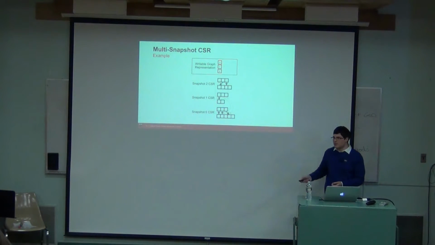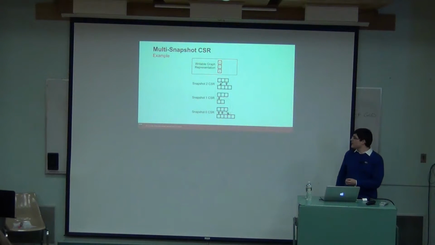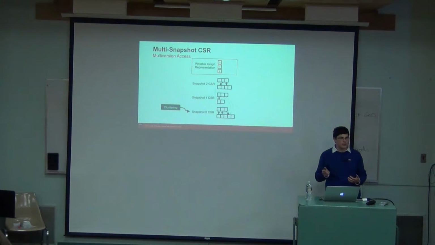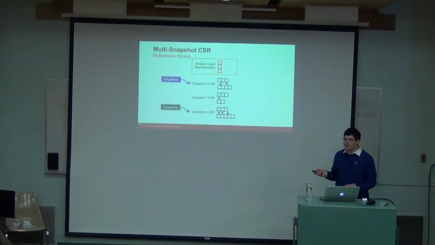Now, because we have a multi-snapshot approach, we get multi-version access for free. For example, you can start a long-running clustering operation or whatever you want on an old version of the data while more updates are coming in, while you can compute, for example, Google PageRank on one of the newer versions of the data, while you are getting more updates at the same time.